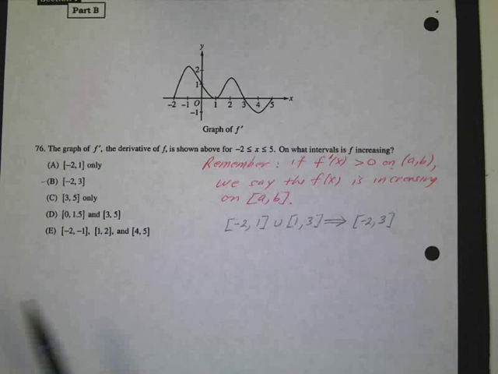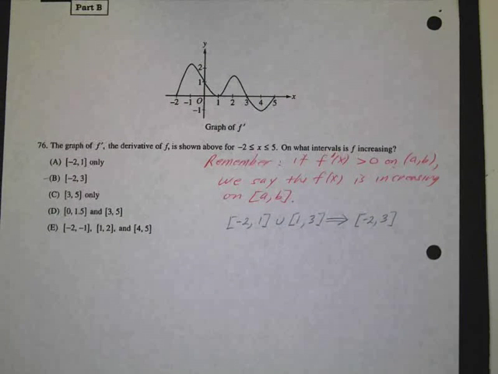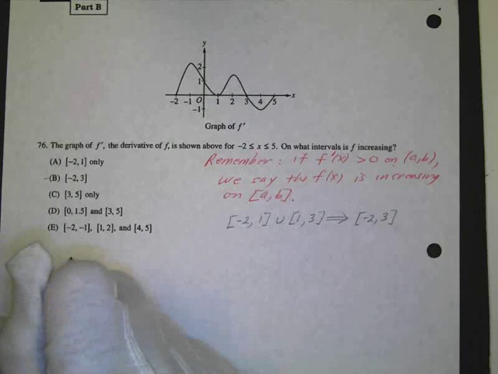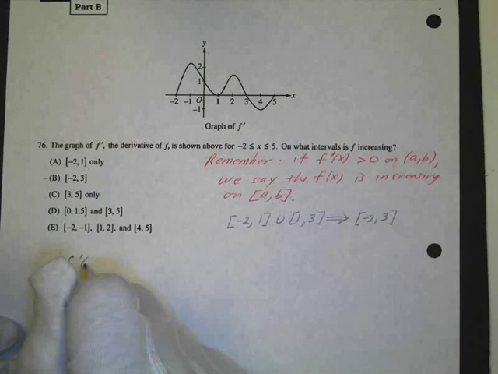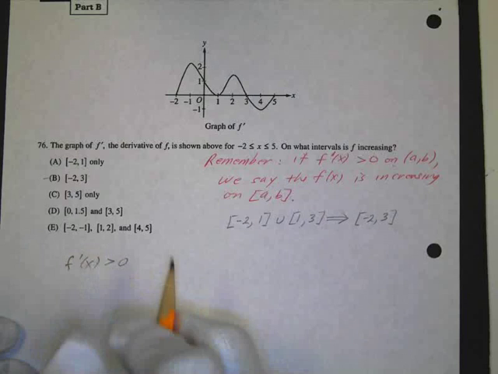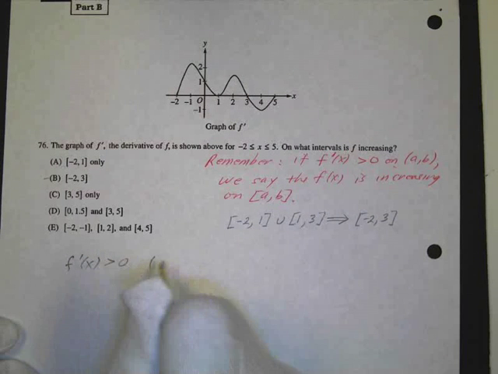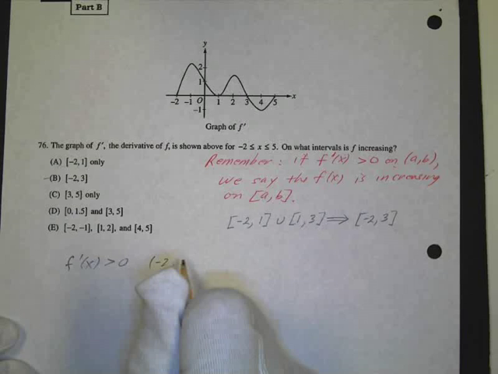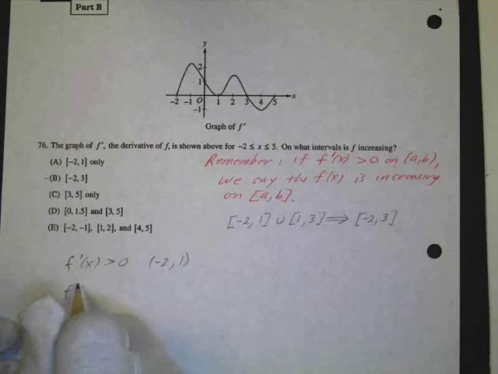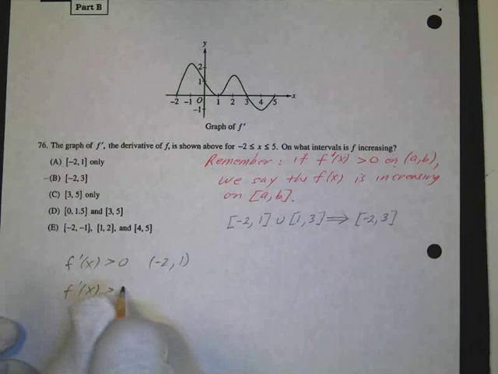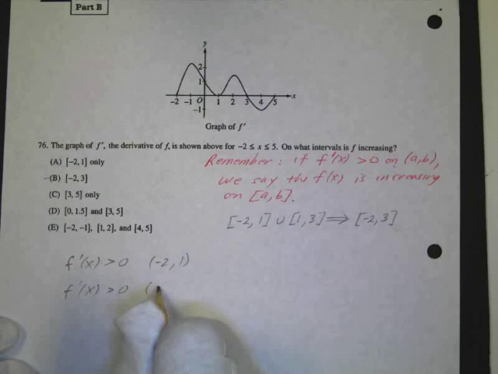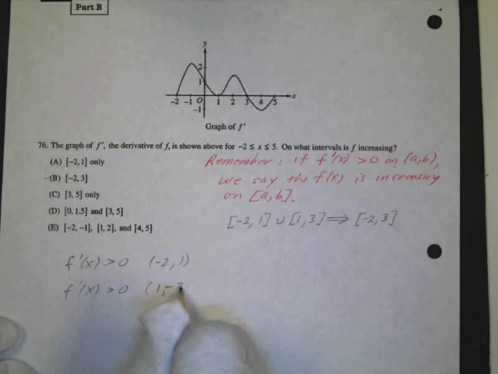So on these open intervals, you can see by the graph that f prime of x is greater than 0 on the open interval -2 to 1, and f prime of x is greater than 0 on the open interval from 1 to 3. Right at these points, 1 and 3, it's 0, so not greater than.